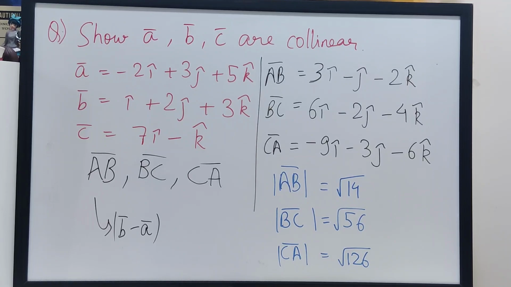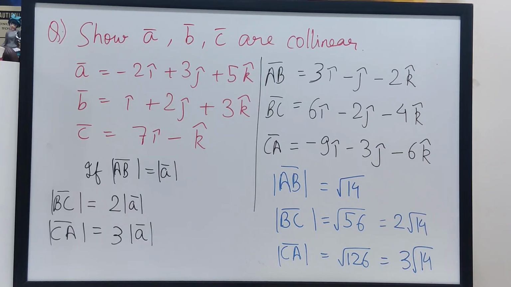So as we can see, if we name AB as vector A, then BC is equal to 2 times vector A. Similarly CA will be 3 times vector A. So this is the collinear property, because as we can see A is equal to lambda B. This was one property of collinear vectors. Hence A, B and C are collinear.